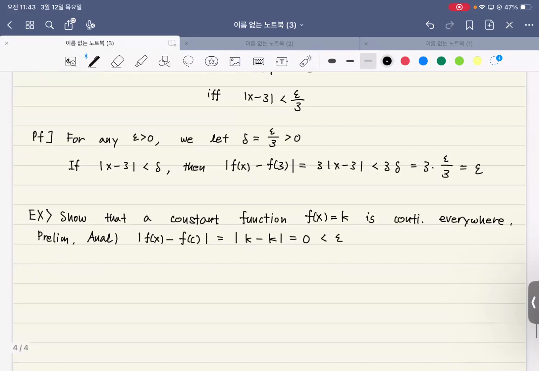Okay, so for any epsilon, we let delta be any positive number.